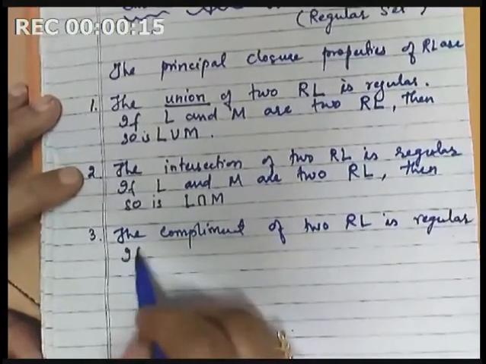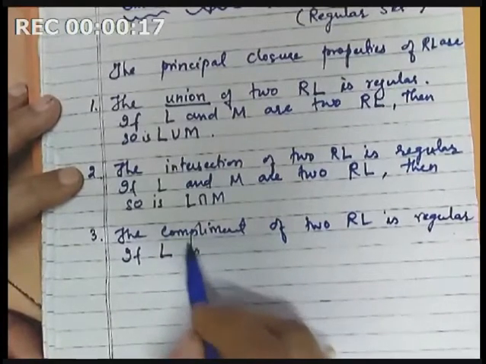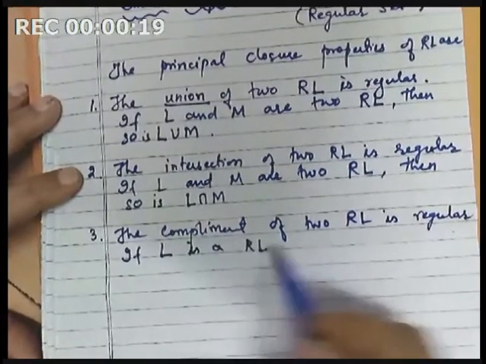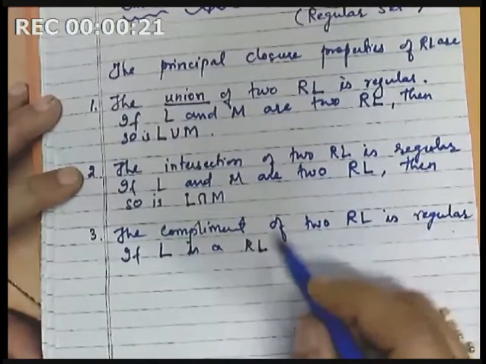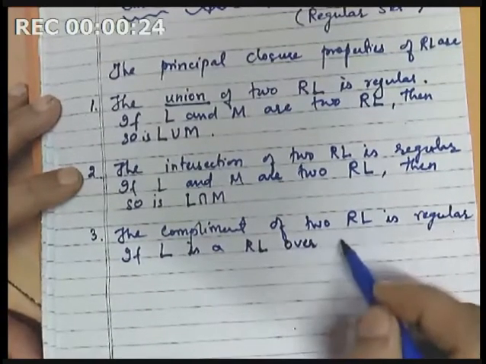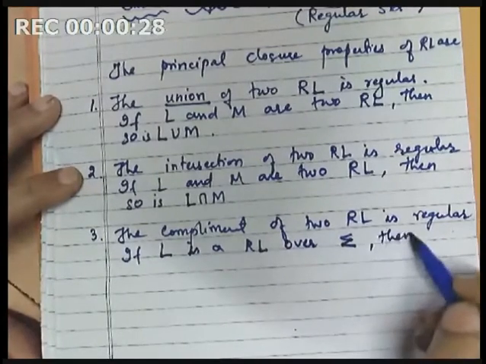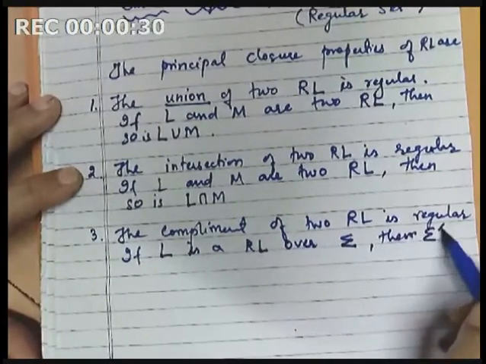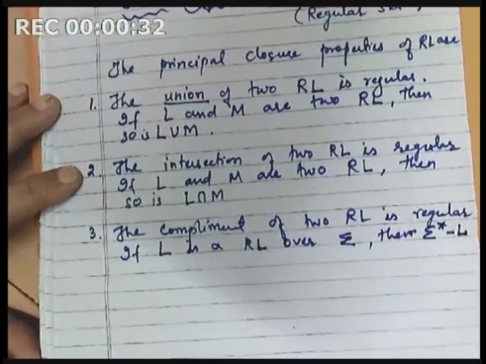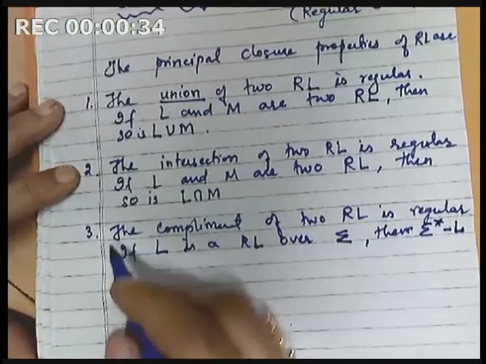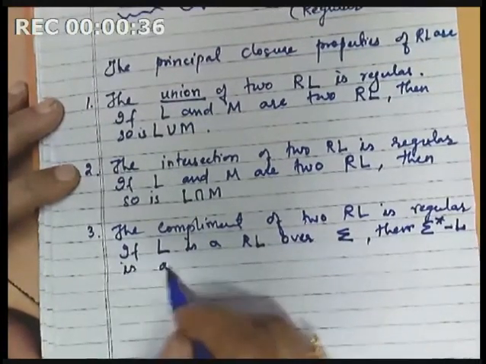So if L is a regular language over sigma, then sigma star minus L is also regular.